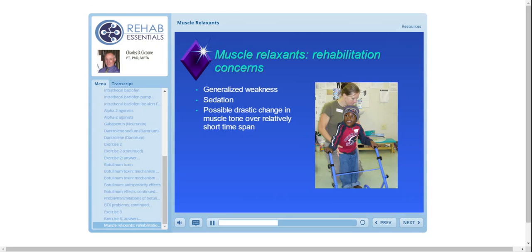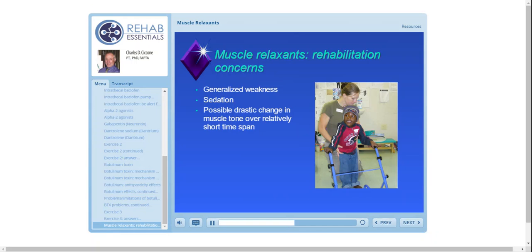And perhaps most important for us as clinicians, some of these interventions can cause a drastic change in muscle tone over a relatively short period of time. The best examples are interventions like botulinum toxin and intrathecal baclofen, which can cause a pretty dramatic decrease in spasticity.